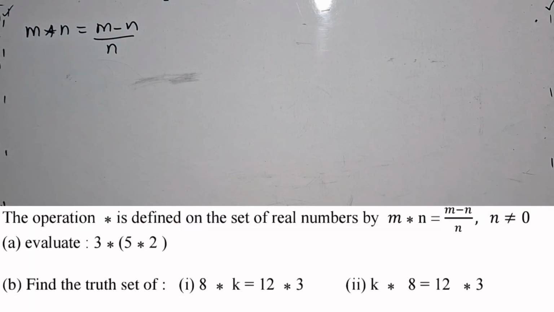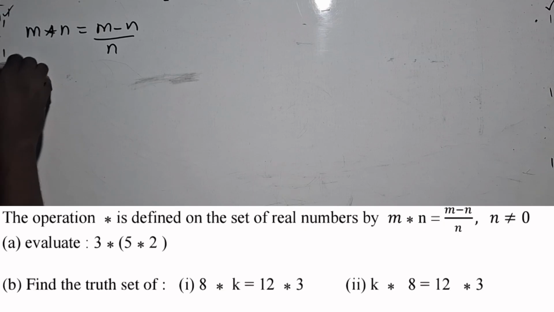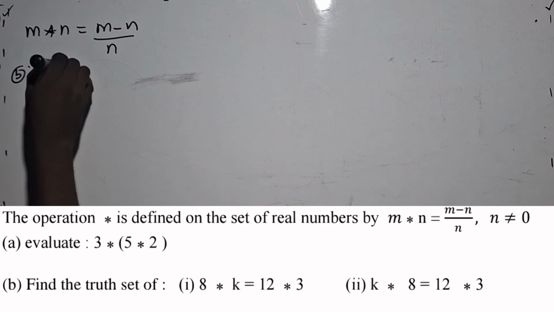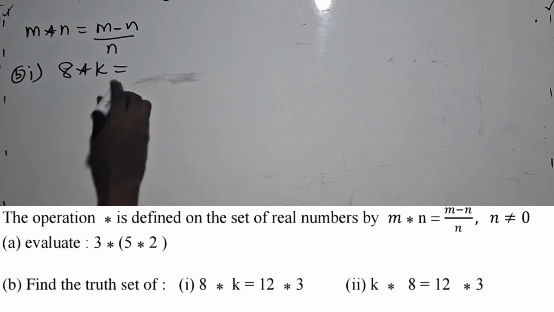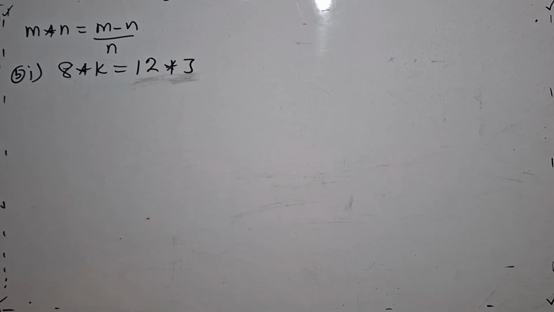The same operation that we are going to use to solve the BI. The BI says, and this one we are finding the truth set, 8 operation K is equal to 12 operation 3. These are two different operations separated by the equal sign.